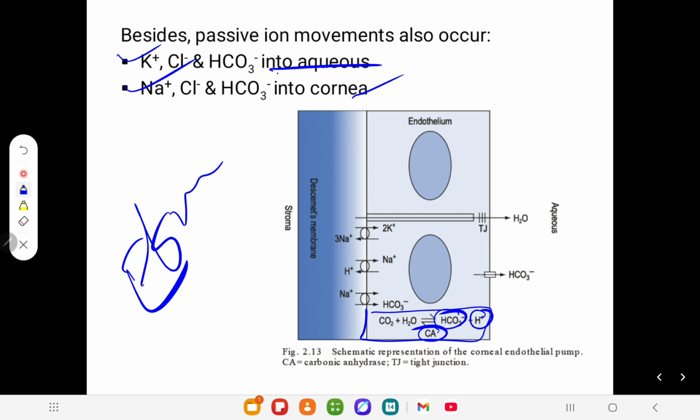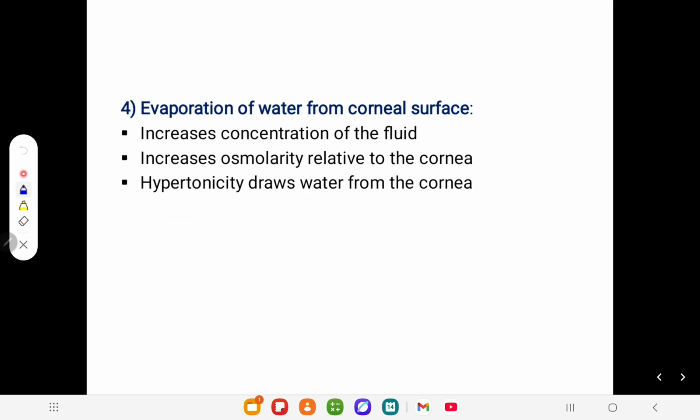Basically, this bicarbonate goes out, and along with it, it takes water out from the endothelium. That's the final product, roughly. I'll definitely talk about it in the table section.